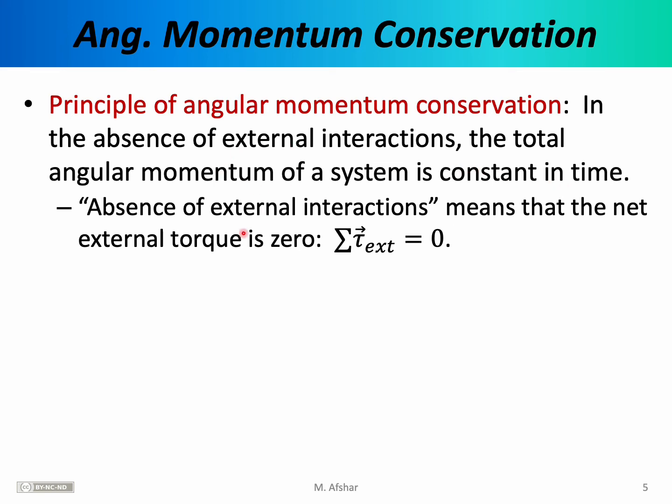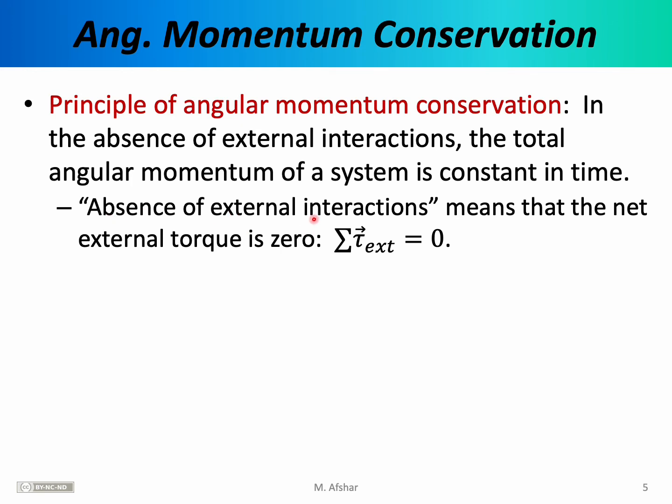Notice that the principle does say that this is true in the absence of external interactions. This phrase in this context means that the net external torque is zero. Recall that we also encountered the principle of linear momentum conservation, and in that context, back in chapter 9, we saw this phrase there as well, absence of external interactions.